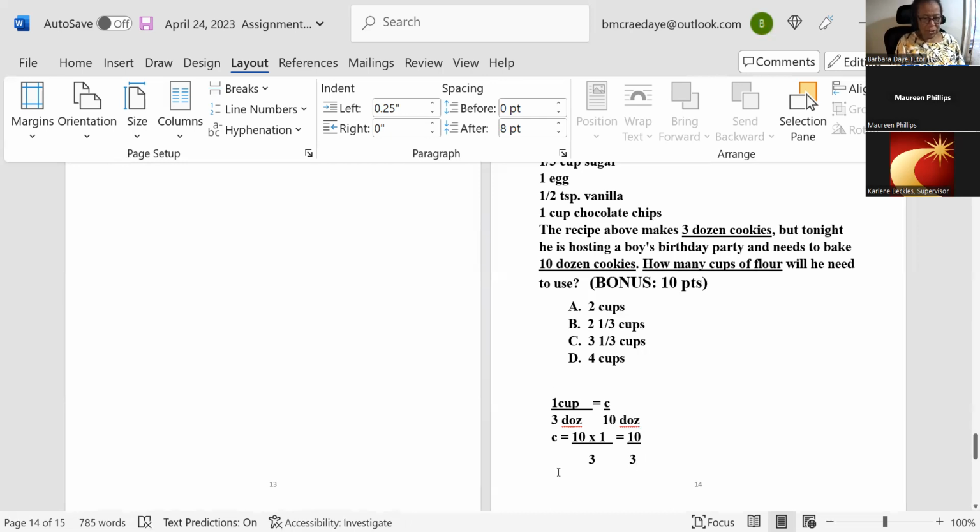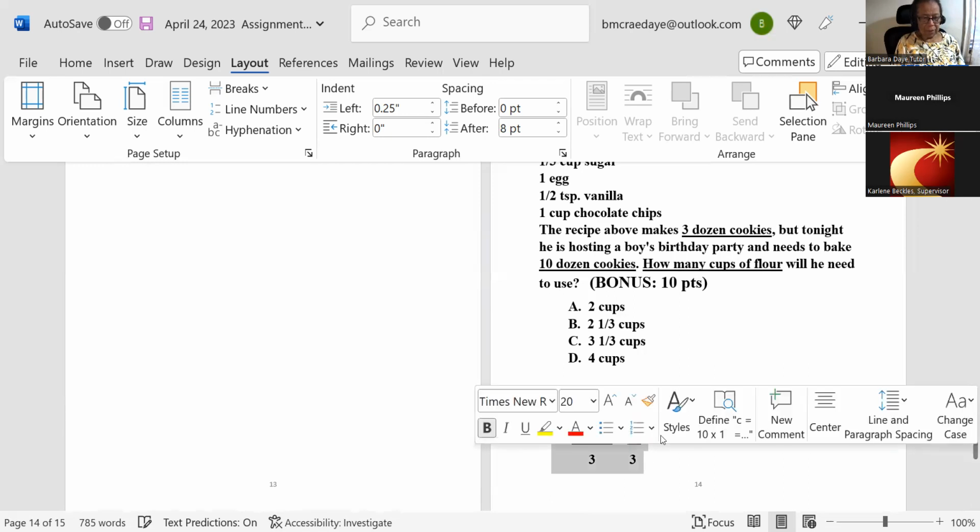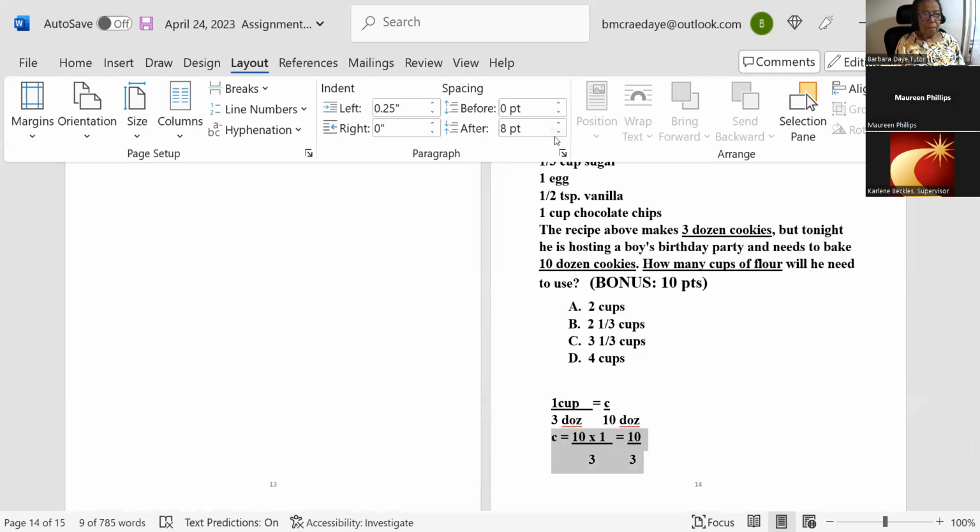Okay, but as a fraction, it would be 3 and a third, right? So 10 over 3 would be equal to 3 and 1/3. And that would be what answer?